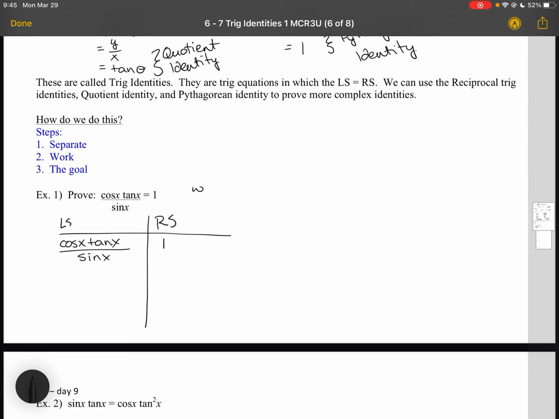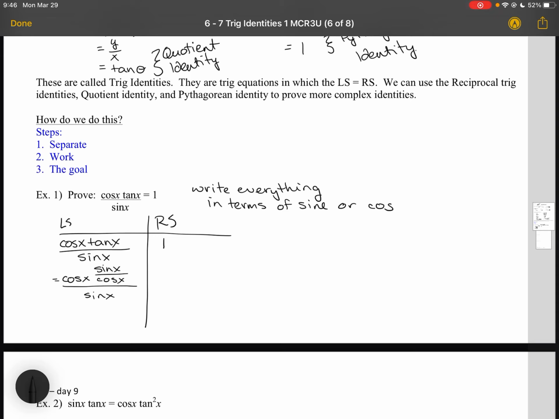So my strategy here is I'm going to write everything in terms of sine or cos, no more tan. So let's do some rewriting here. I know that tan x is the same as sine x over cos x, and I've got sine x on the bottom.